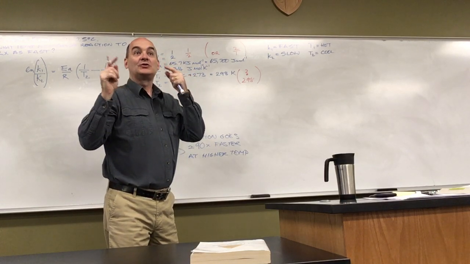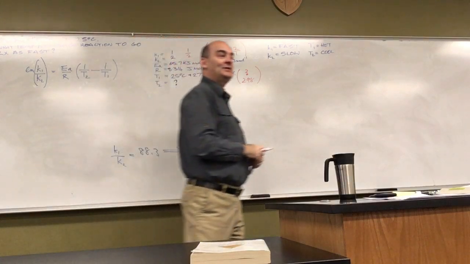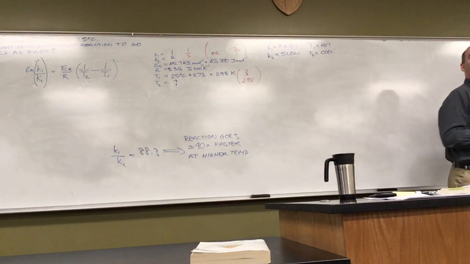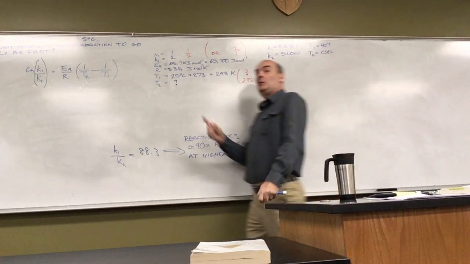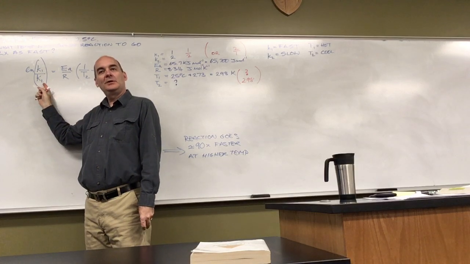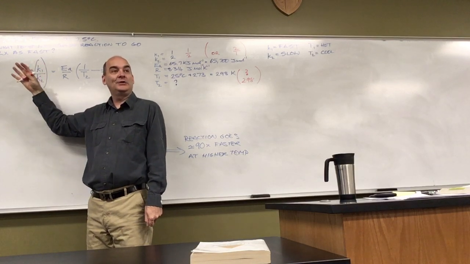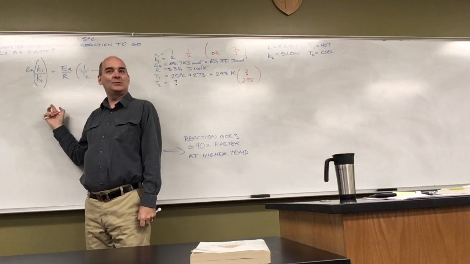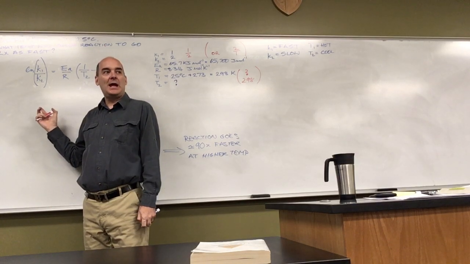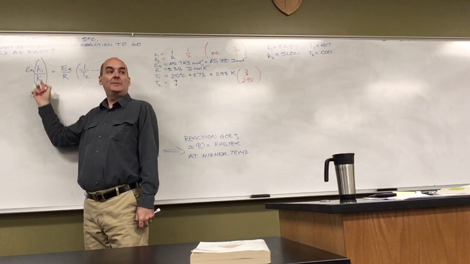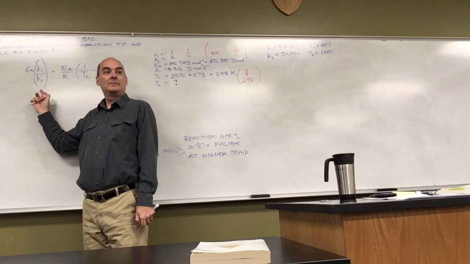Okay. So the first time we ran through this, everything was a positive number. The second time that we ran through this, we made it on purpose so that the big number was over the little number because we wanted to know how much bigger stuff was going to get. Let's do this one upside down. K1's the little number, K2's the big number.